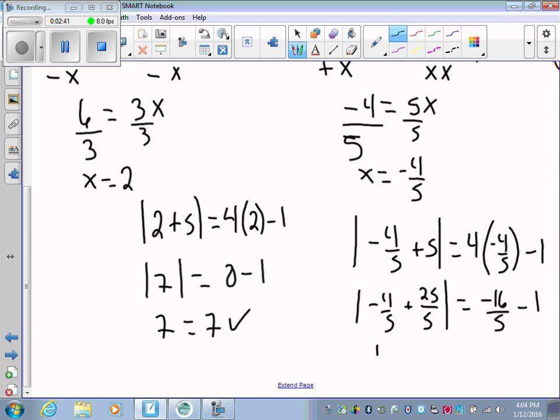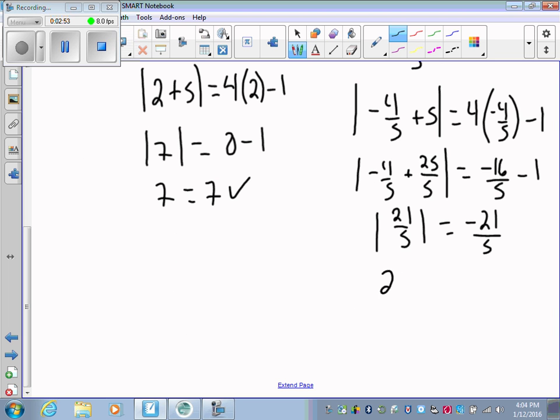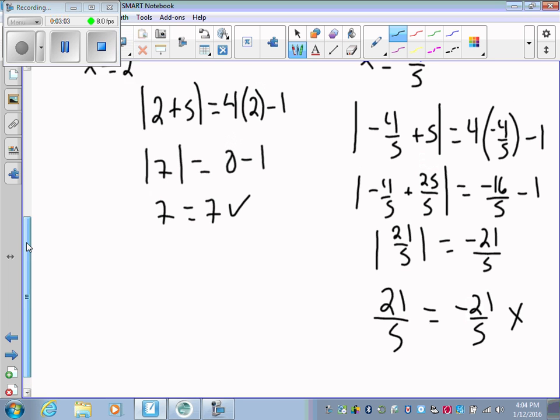That's going to leave us with 21/5. And over here, I would get negative 21/5. That can't happen. The absolute value of this is going to be 21/5, and negative 21/5 doesn't work. So the only one that works is our first value, x equals 2.